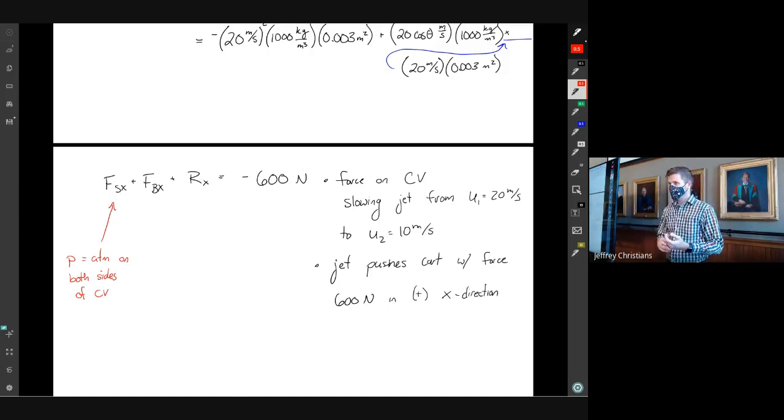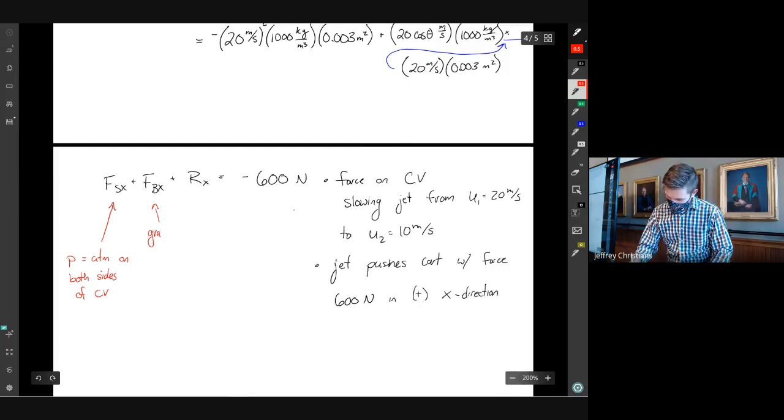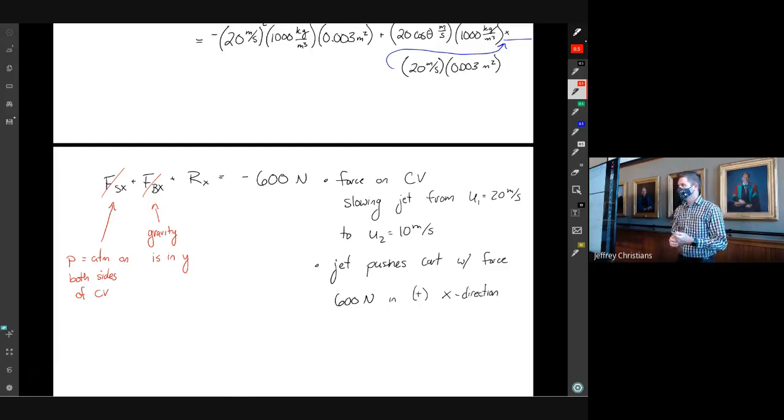It's atmospheric pressure everywhere. And gravity is in y. So both of those terms will drop out. So the only force on our control volume is the reaction force, which is the force of the sloped snowplow thingy on the front pushing against the water.